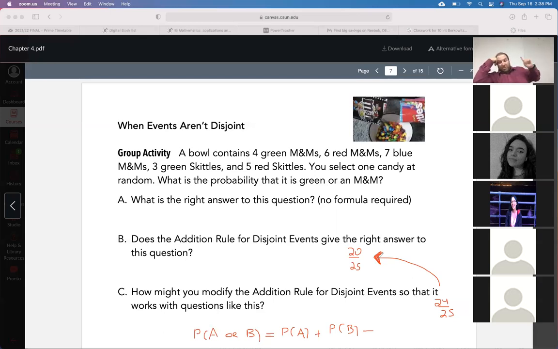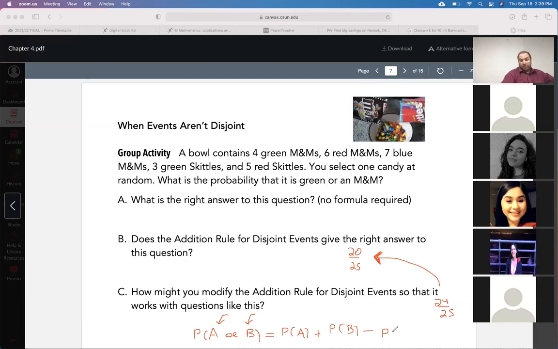We counted them because they were green, and we counted them because they were M&Ms. So we counted them twice. Anything we count twice, we have to remove. How do I describe the ones that fall in both A and also in B, so I know what to remove? How do I mathematically describe the overlap of A and B?